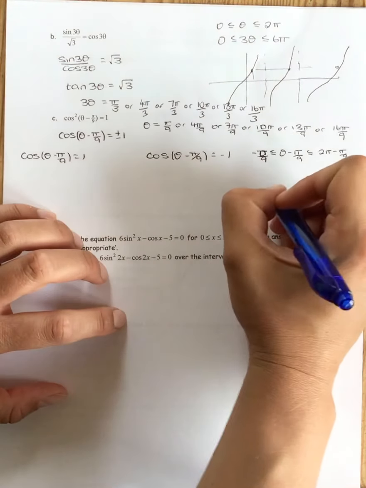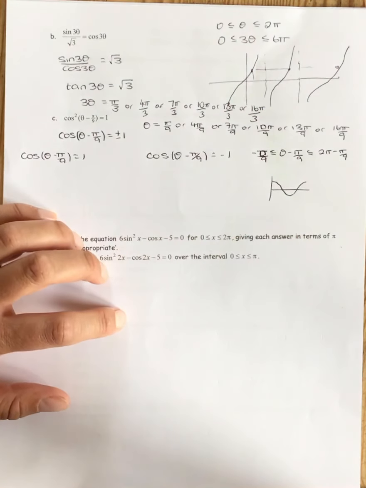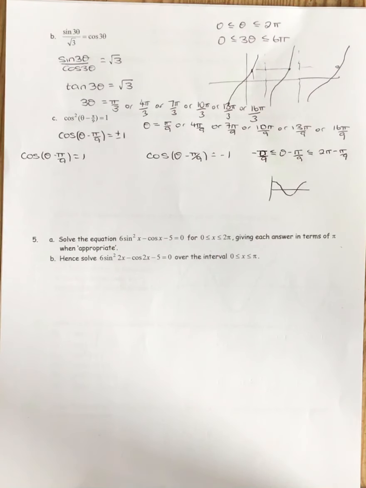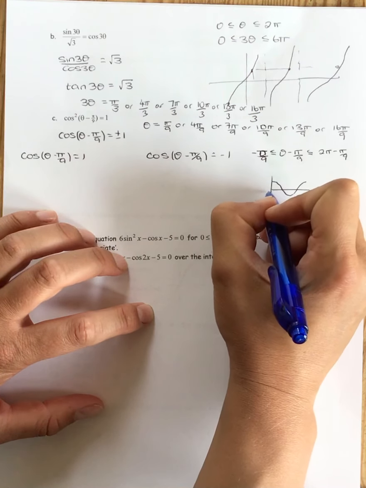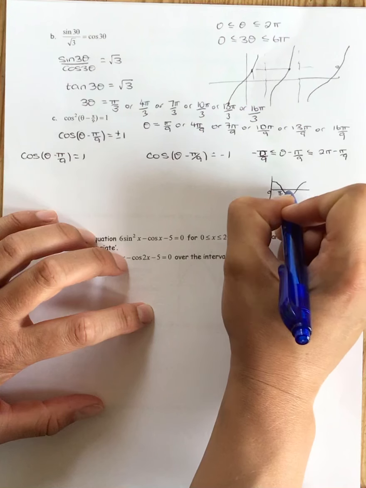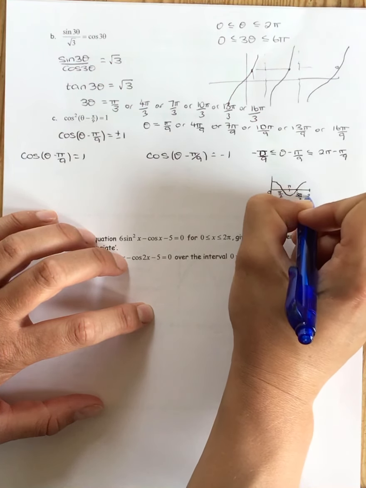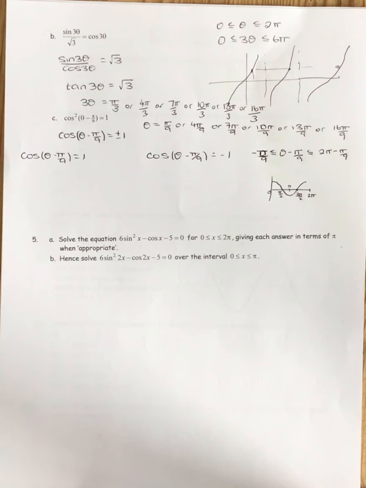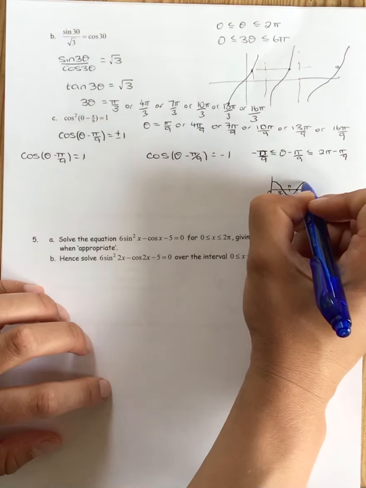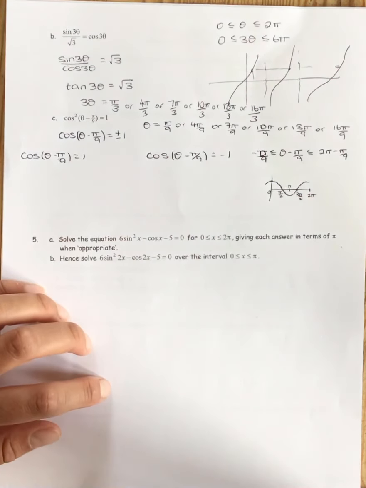So my cos graph, I know, looks like this, and I know something interesting happens every pi over 2 radians. So this is 0, this is pi over 2, this is pi, this is 3 pi over 2, and this is 2 pi. Now I need to just consider the range needs to be from minus pi over 9, so it's going to go a little bit further beyond the 0 to the left hand side.